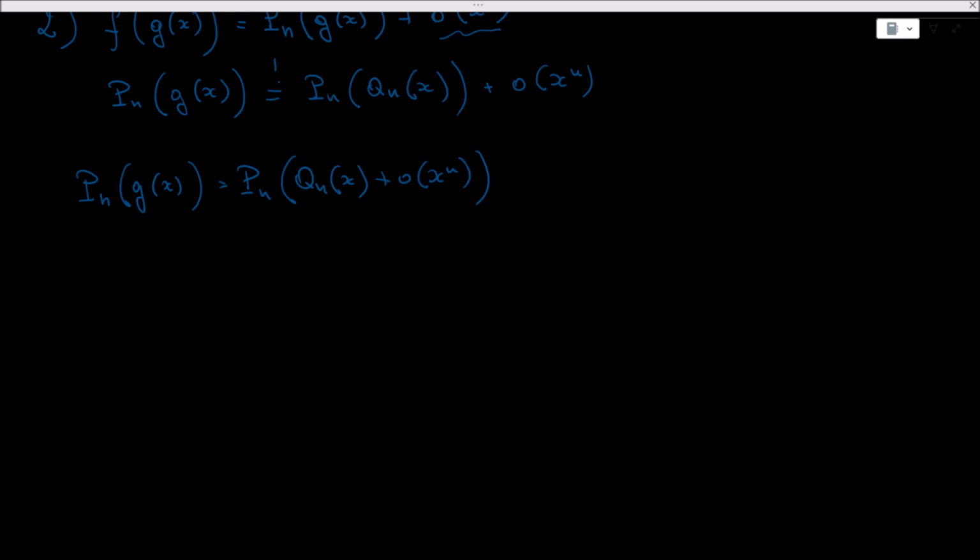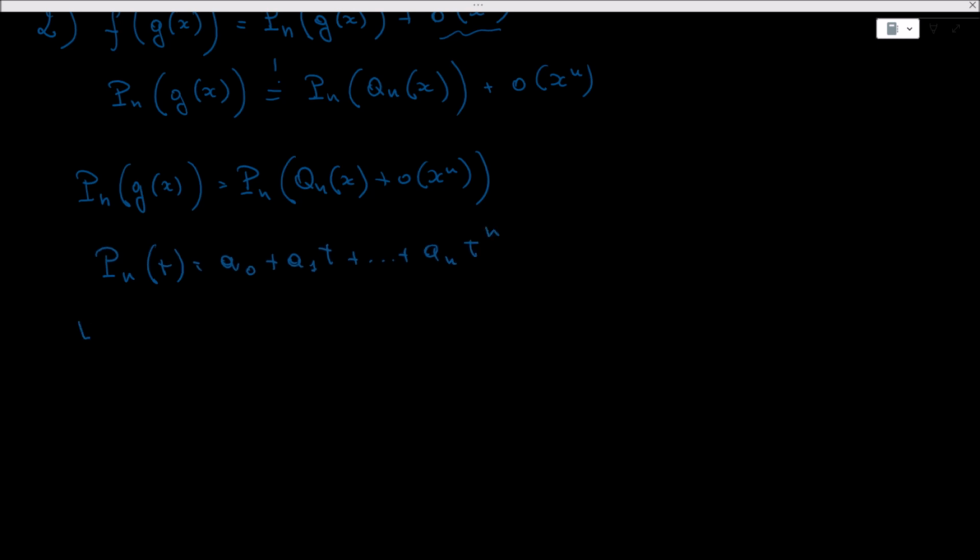All right, but what is Pn? Pn of t, let's say, is a polynomial of degree less than or equal to n. So it will have a form like a0 plus a1 t plus dot dot dot an t to the n.